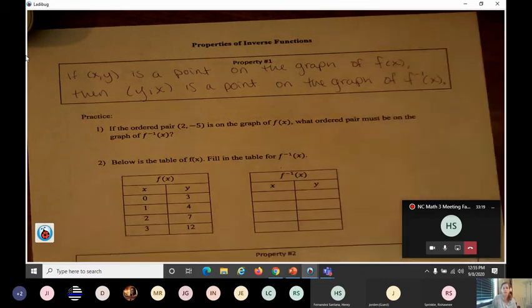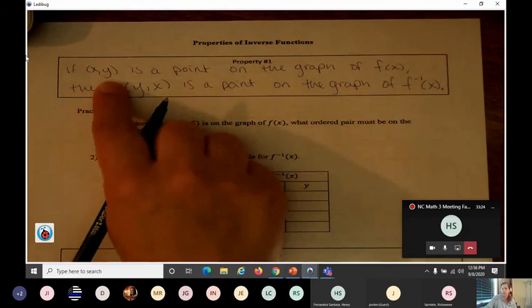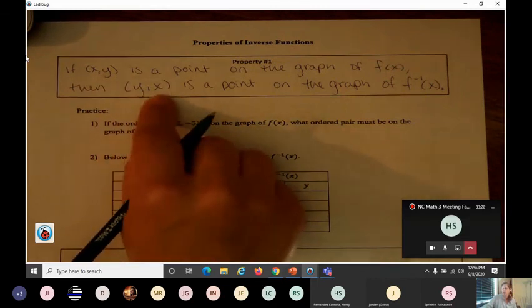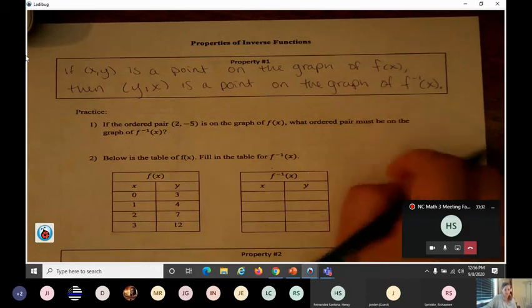Okay? So we have x, y, and then it switches to y, x. y, x is going to be on the inverse function. What questions do you guys have about that?